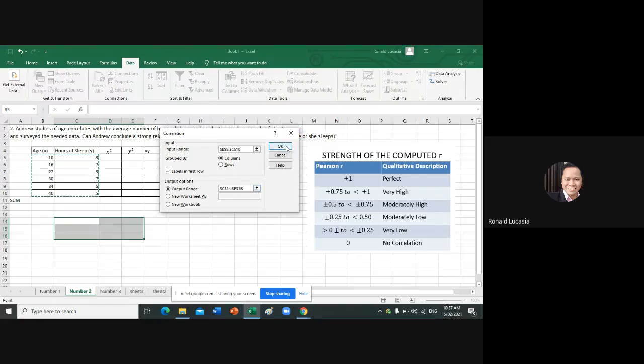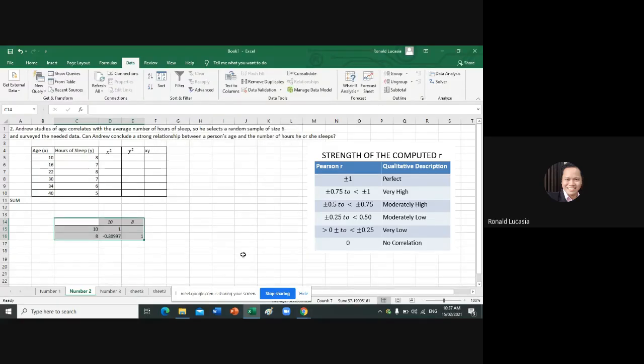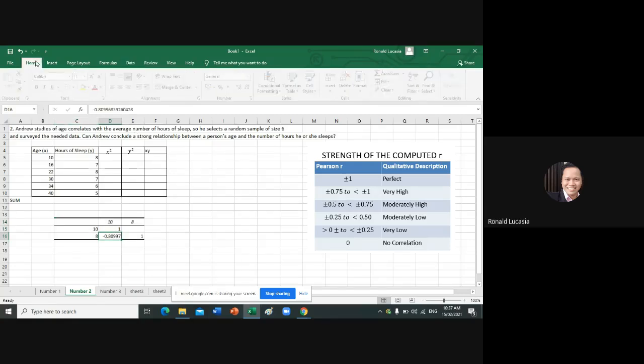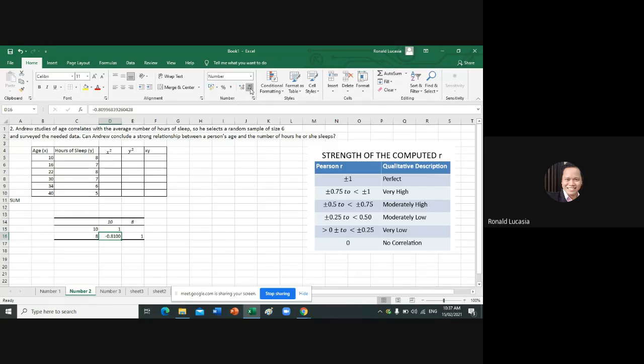I'll just press OK. So rounded off is 0.81, the same that we get during the manual computation. So meaning to say, there is a very high correlation between age and hours of sleep.